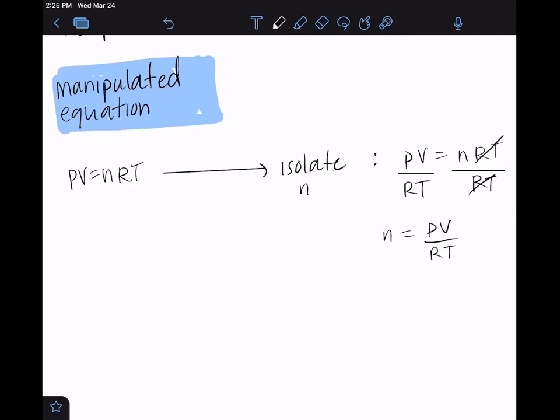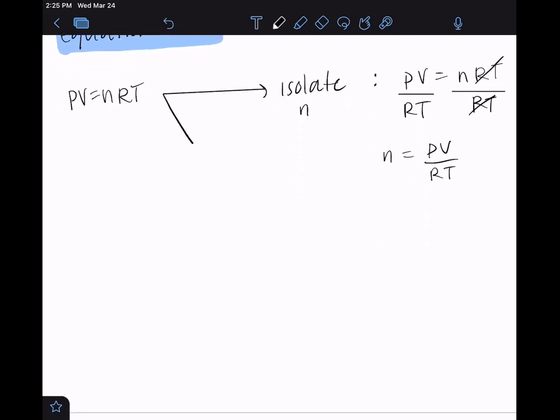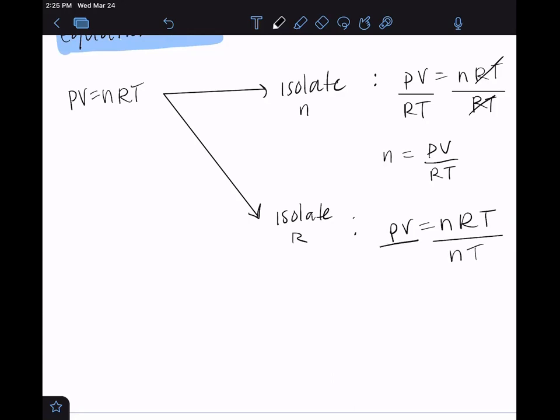Okay? Now let's say we want to isolate R. So PV equals nRT. You can divide by nT. Okay?